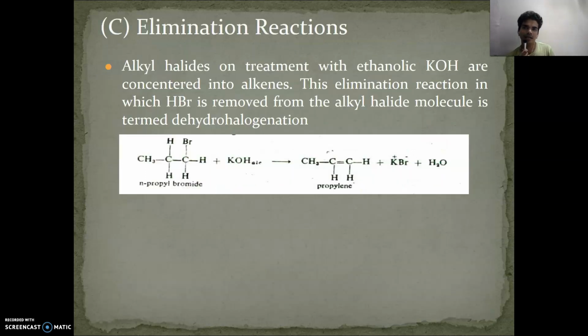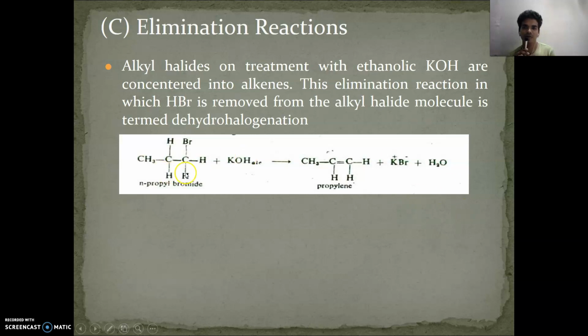Then next is the elimination reaction. So alkyl halide on treatment with ethanolic potassium hydroxide is converted into alkenes, and this elimination reaction in which hydrogen bromide is removed from an alkyl halide molecule is termed dehydrohalogenation.